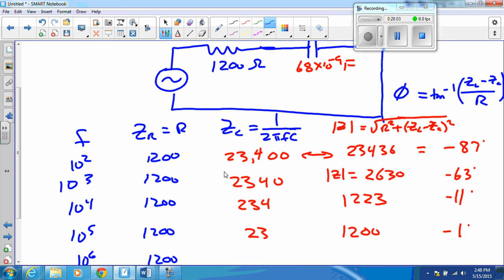And the other, the output, is the voltage drop across the resistor. And at this frequency, because the impedance of the resistor is so large compared to the capacitor, the voltage is dropping all across the resistor and none across the capacitor. So it's like the capacitor doesn't exist. Exactly. That 23 ohms right there might as well be zero.